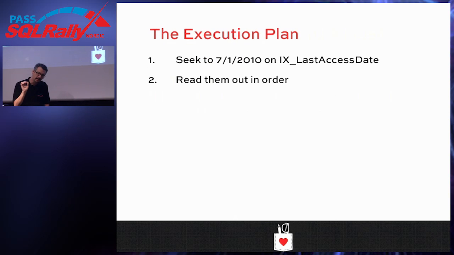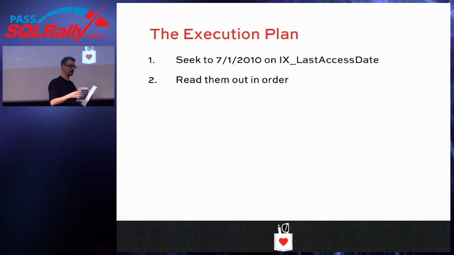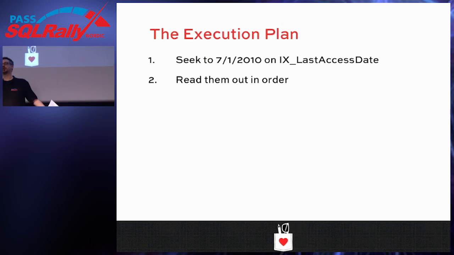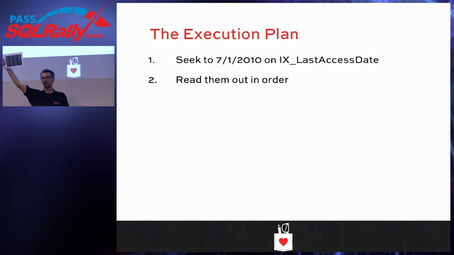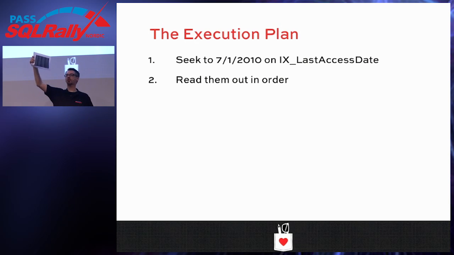So your plain English execution plan is you don't need to touch the clustered index. All you need to do is seek directly to the date that matters on this one and read the rows out in order. You don't have to hit tempdb to do any sorting. Everything's already sorted for you in just the order that you want.